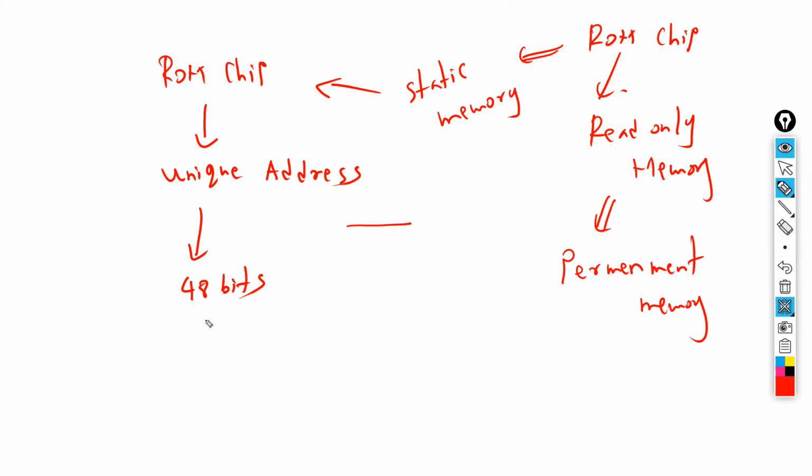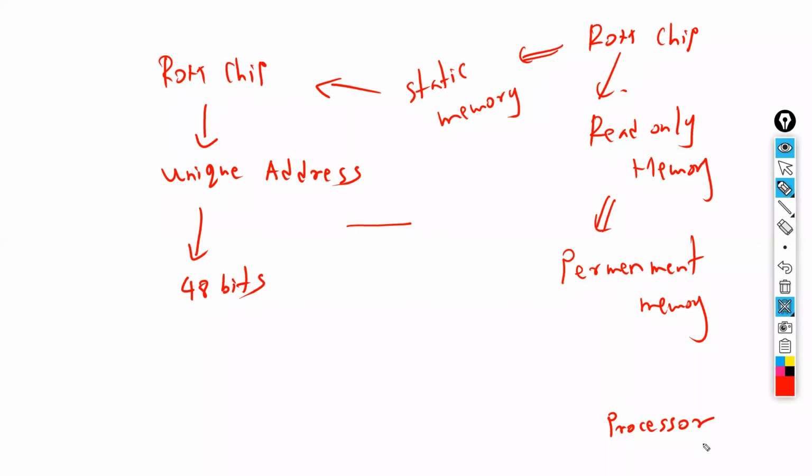What do you mean by 48 bits? In Windows 10 also there are 32 bits and 64 bits. Yes, but that is something else. That is the processor type. This question is not related to that.